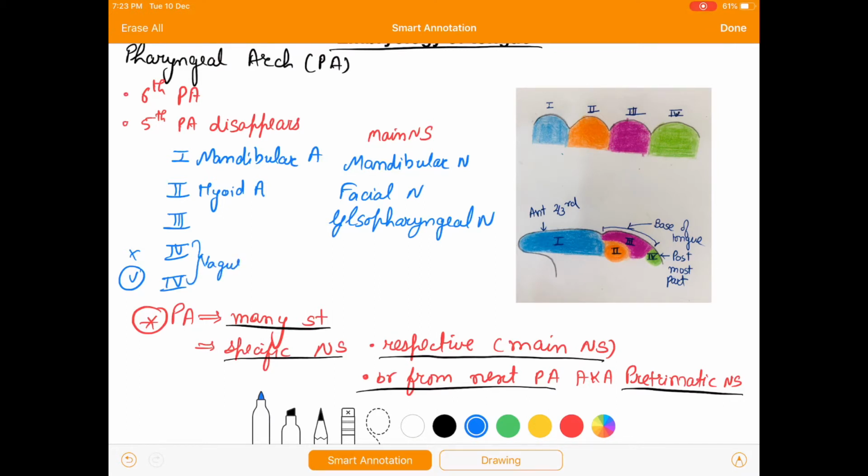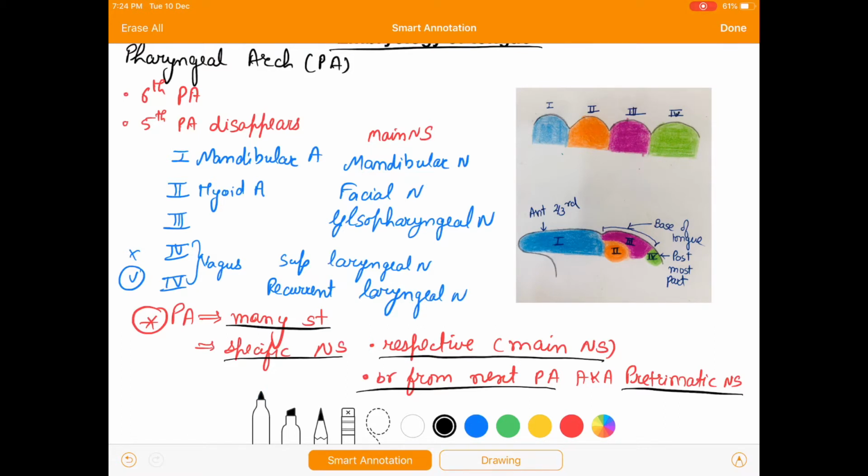But separate branches. The 4th receives its nerve supply from the superior laryngeal nerve, and the 6th receives its nerve supply from the recurrent laryngeal nerve. Let us revise the nerve supply once again, so that it gives a clear idea.